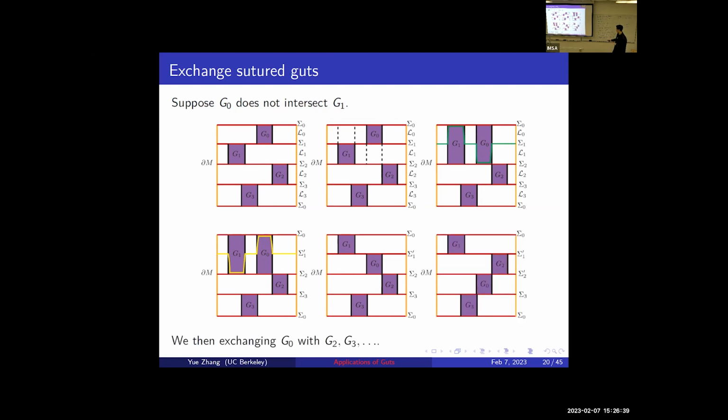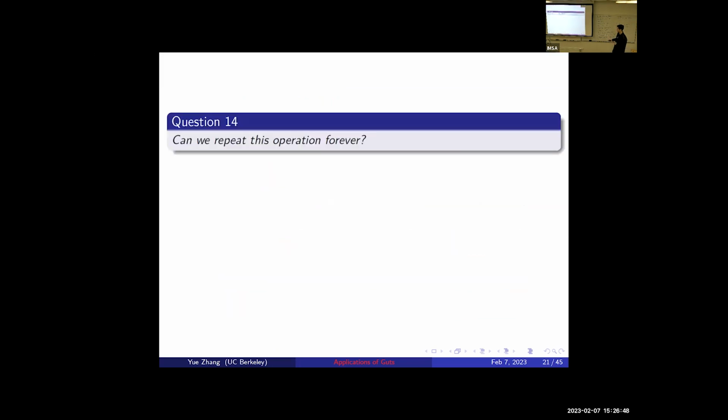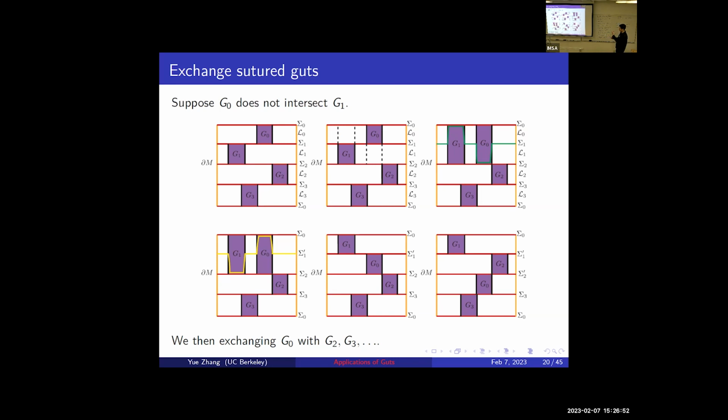And similarly, you can do the same: you exchange G0 with G2 if G0 does not intersect G2. So you may ask, can we repeat this operation forever? Can we exchange G0 with G1, and then exchange G0 with G2, with G3, and then move back to G1, G2, G3?